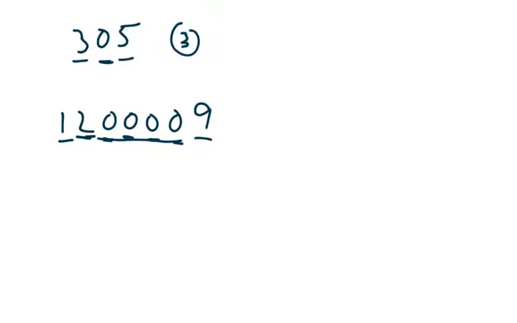So this number has 1, 2, 3, 4, 5, 6, 7 significant digits. It doesn't matter how many zeros there are. If there's a non-zero digit in front and behind, and these zeros are sandwiched in between, which are known as confined or captive zeros, the rule is that they are always significant. Here's another example. 3.